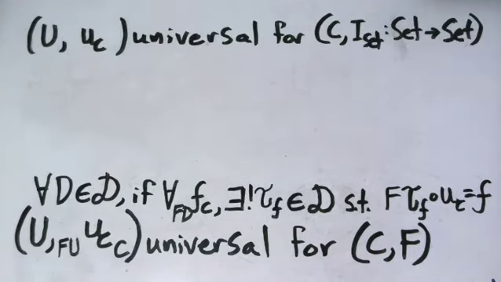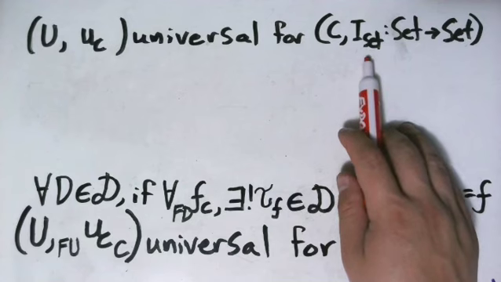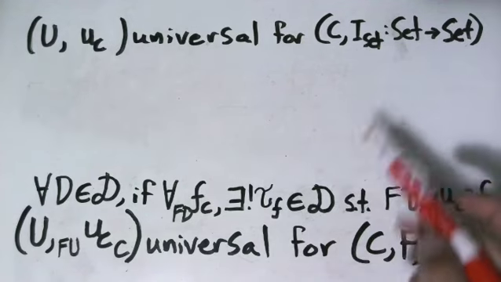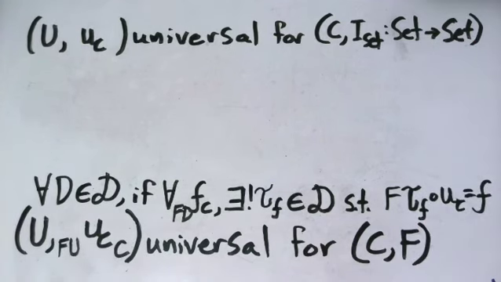So what would it mean for a pair U and U_C to be universal for C and the identity functor on Set? That is the functor going from the category of sets to the category of sets, which just sends every set to itself and every set function to itself.